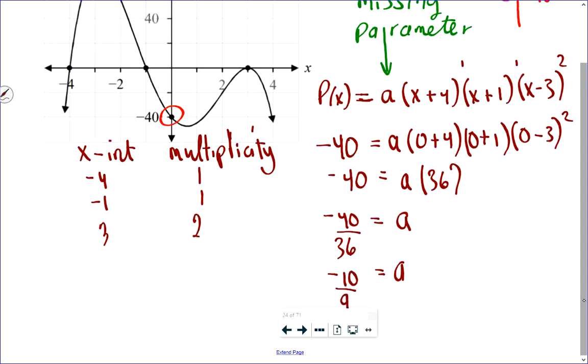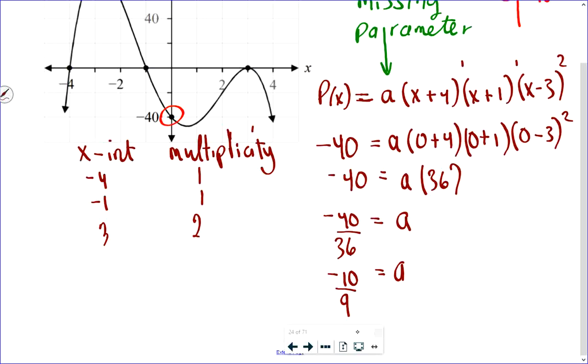So before I write out the answer, I had asked you before, how many of you can see what you multiply 36 by, which was the wrong y-intercept, to turn it into negative 40? That's the number. So it isn't like it pops into your head. It's a weird number.